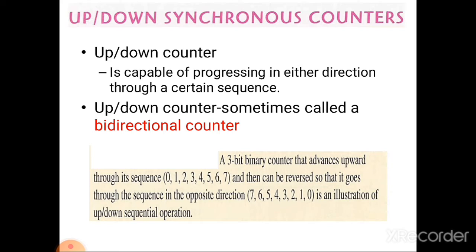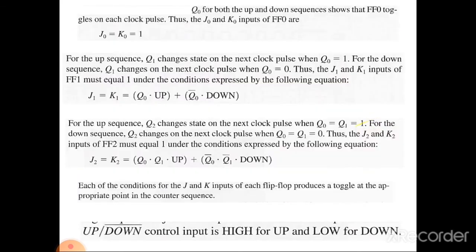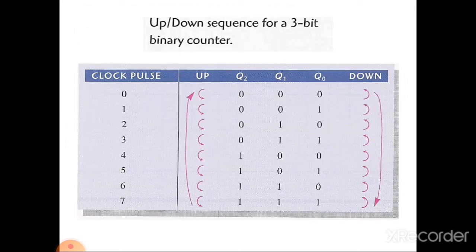If it is a 3-bit counter, its count ranges from 0 to 7, and the down counter sequence starts from 7, 6, 5 up to 0. That is shown here.